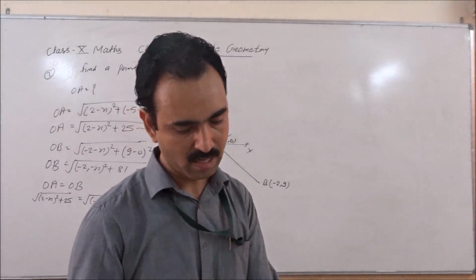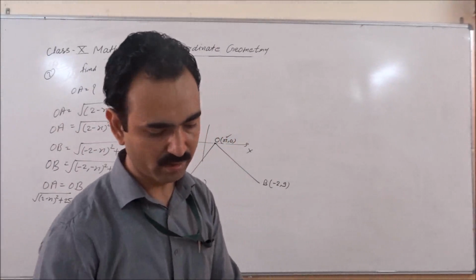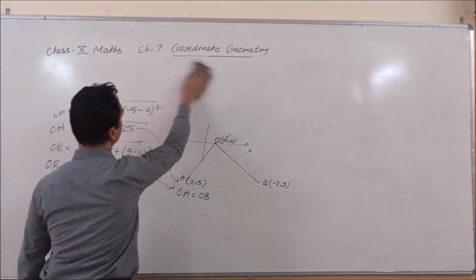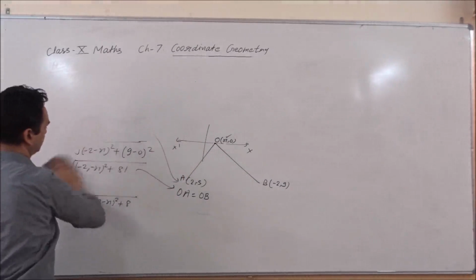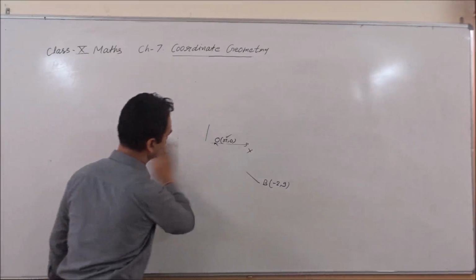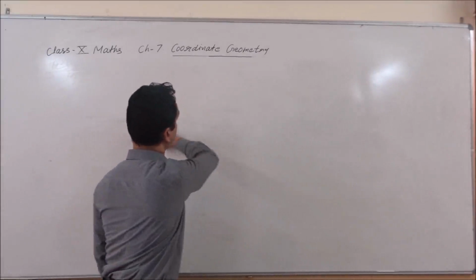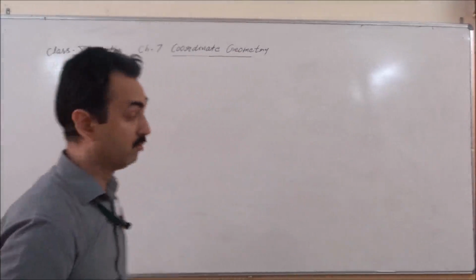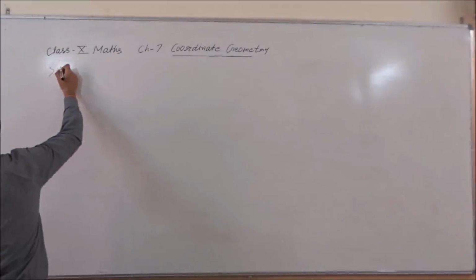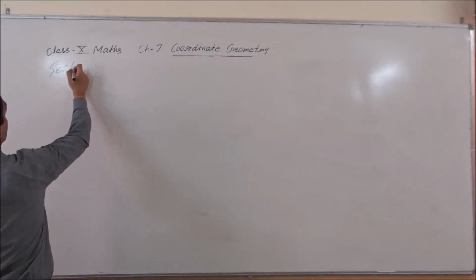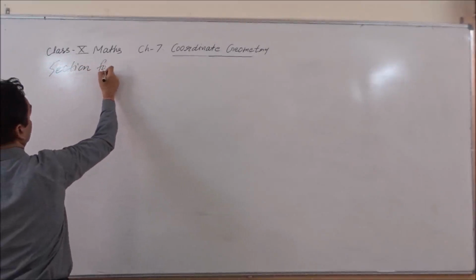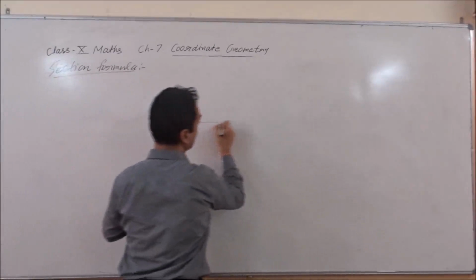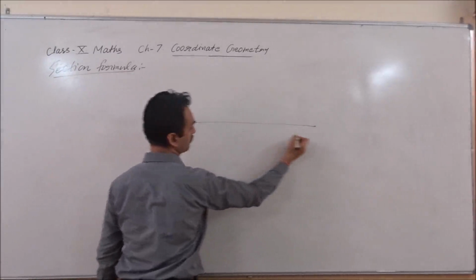So I think you understand the distance formula. Now we are coming on the next topic, section formula. First of all, what do you mean by section formula? Section means parts. Suppose this is a line PQ.